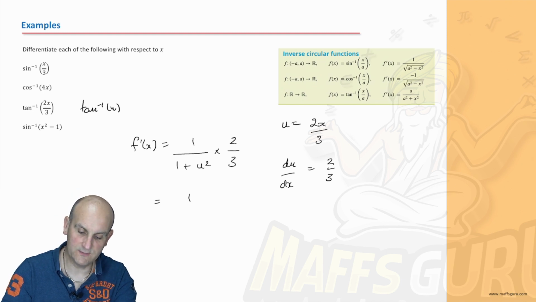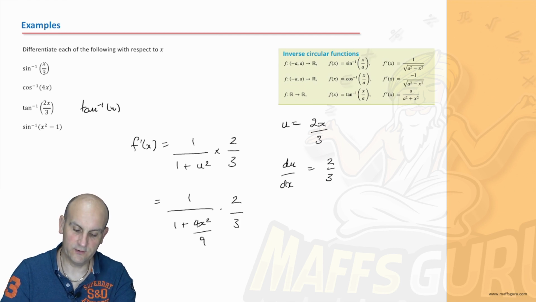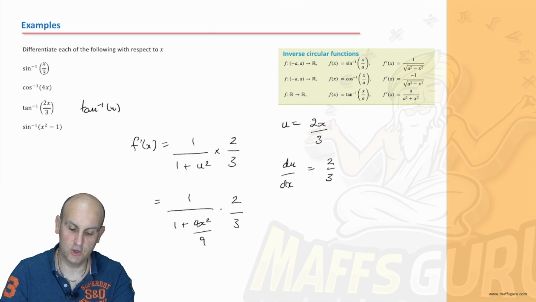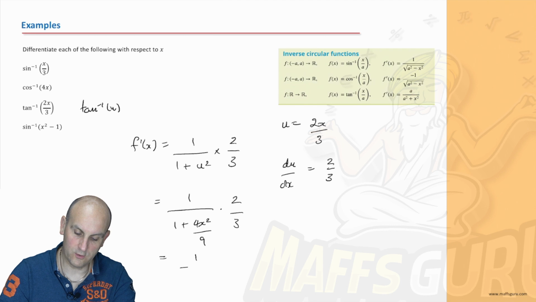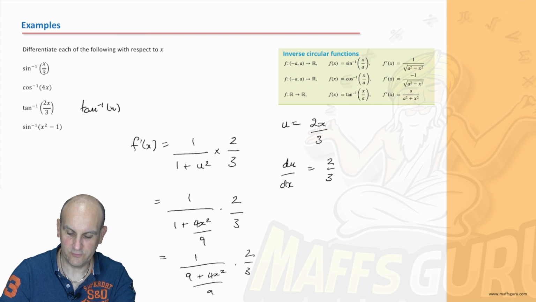And so in which case that becomes 1 on 1 plus u squared, which is going to be 4x squared on 9, times 2/3. All right, so again, we're now having to do a bit of simplification. What is that going to be? So that's going to give me 1 on 9 plus 4x squared on 9, times 2/3.